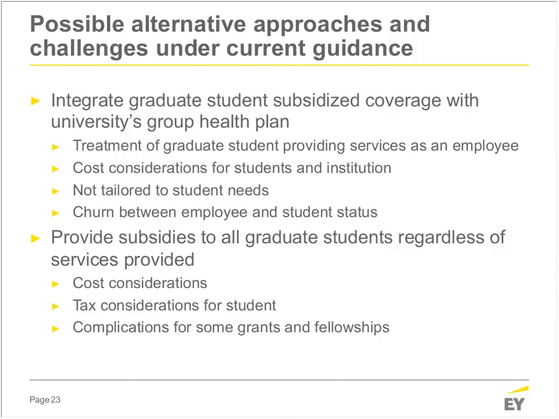Well, the first thing that an institution can do is to cause the student subsidized coverage to be integrated with a group health plan. When I went through the guidance and talked about the arrangements that were permissible, the one that is definitely permissible is a subsidy or a payment reimbursement of coverage that is actually sponsored by the employer and is treated as a group health plan. But what does this mean for you as an institution?